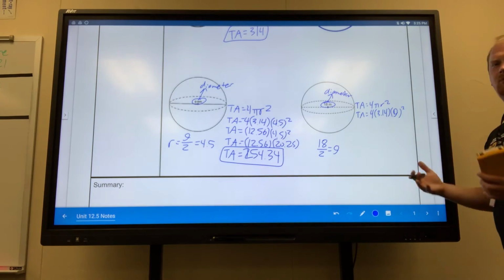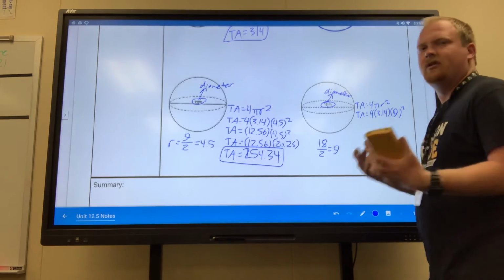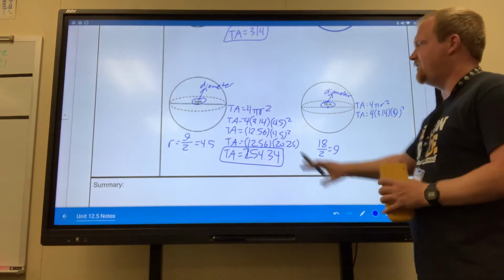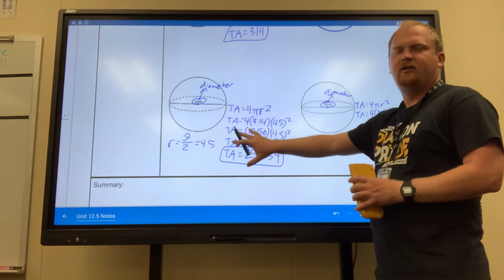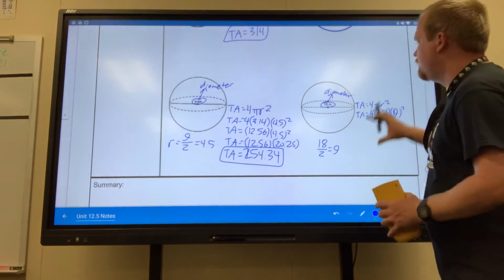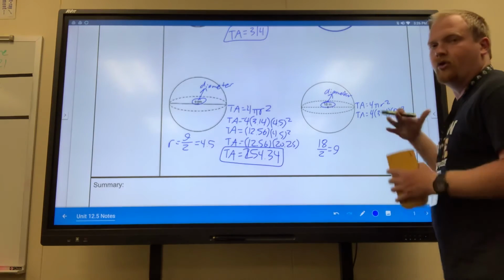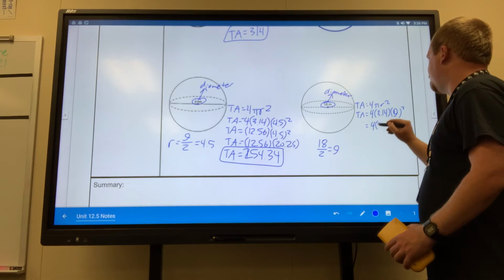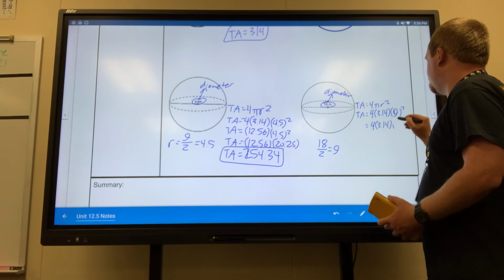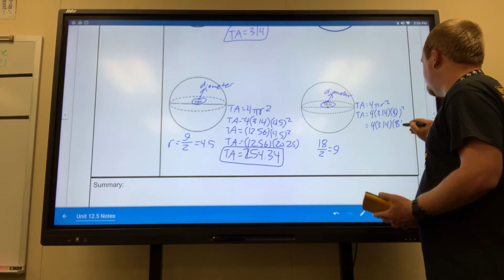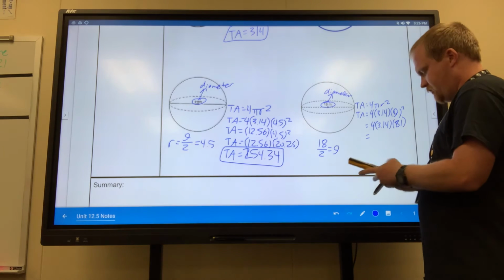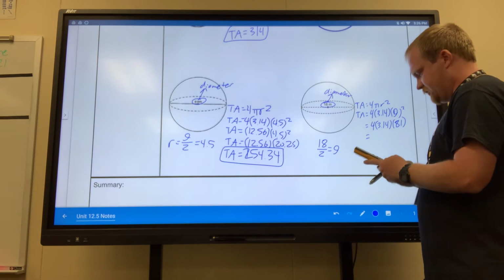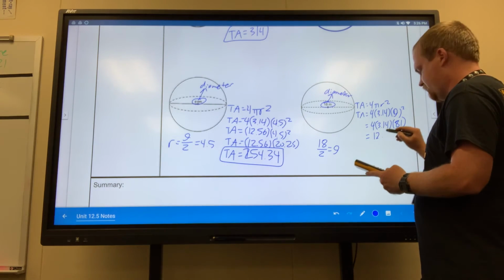I'm going to do it in the proper order, PEMDAS, or order of operations. 9 squared is 81. 4 times 3.14 is 12.56.